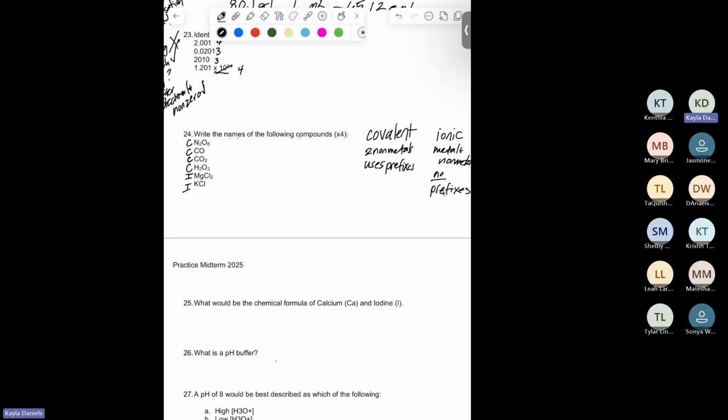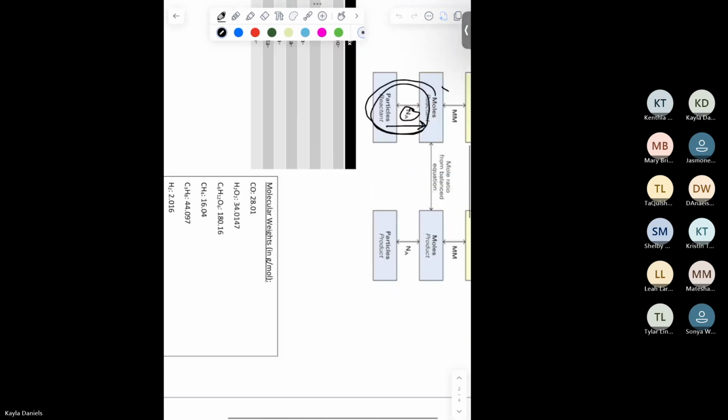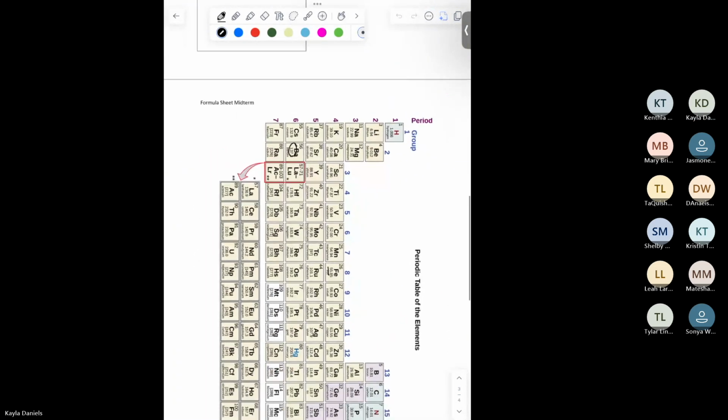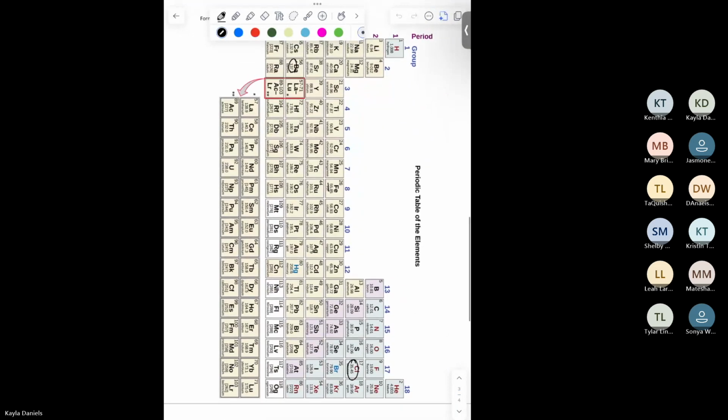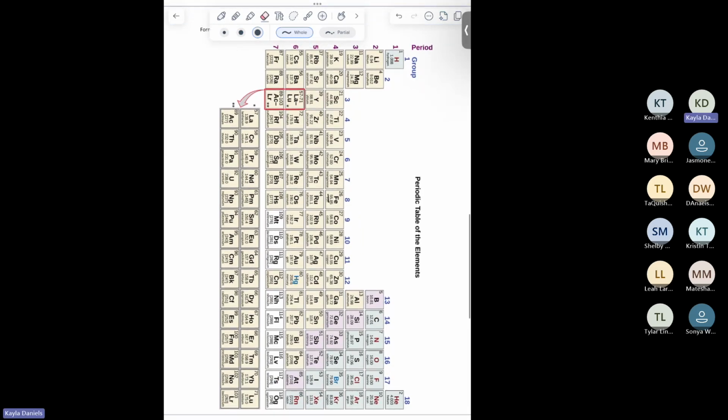Should we go into more detail of how we got there? Okay. Let's go back to the periodic table. All right, so your yellows are metals and your greens are nonmetals.